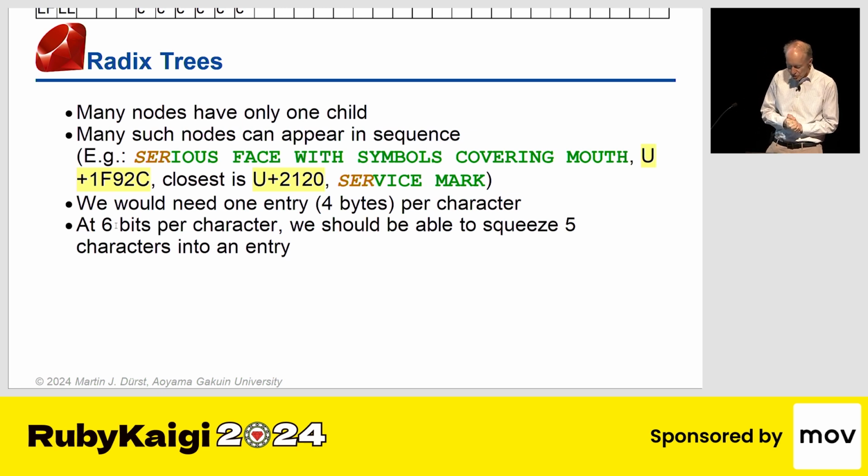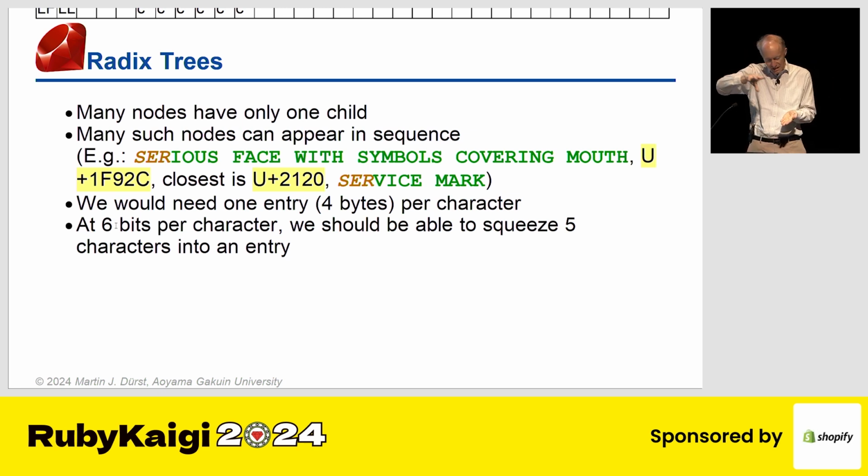So that compresses the nodes where we have some branching, but not so many.